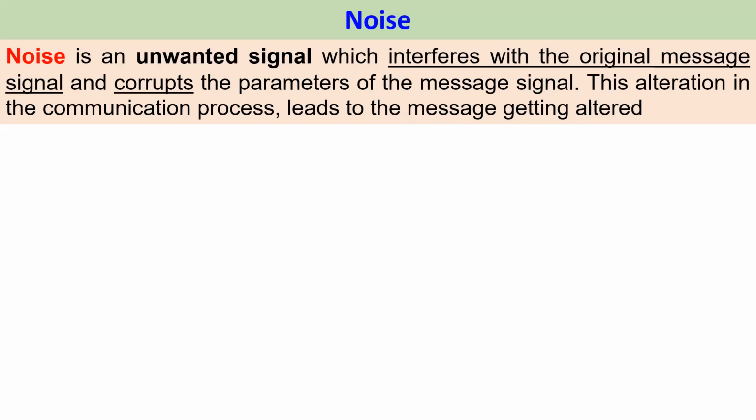When we are selecting the transmission medium, we should identify the amount of noise affecting this medium. If it is low, that's a good medium. If it is high, we can reject that particular medium.